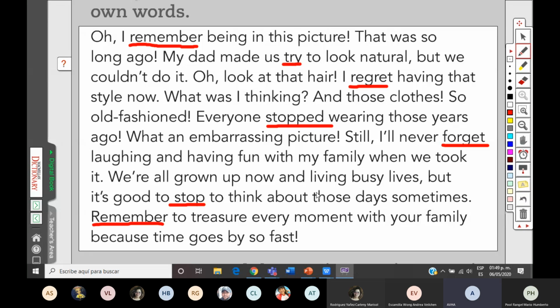And those clothes, so old-fashioned. Everyone stopped wearing those years ago. What an embarrassing picture. Still, I will never forget laughing and having fun with my family when we took it. We are all grown up now and living busy lives, but it is good to stop to think about those days. Sometimes remember to treasure every moment with your family because time goes by so fast.